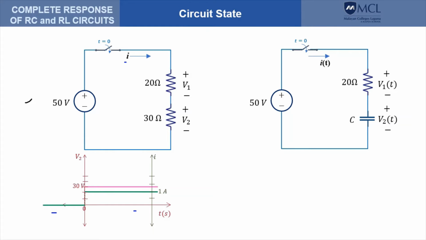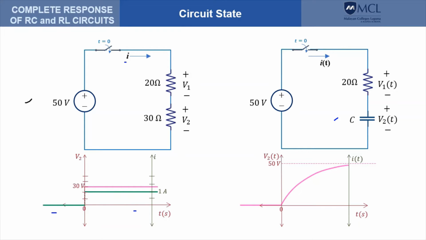Let's say I replace the 30 ohm resistor with a capacitor of unknown value, and I again plot the voltage V2 and I. Okay, so here is the plot.